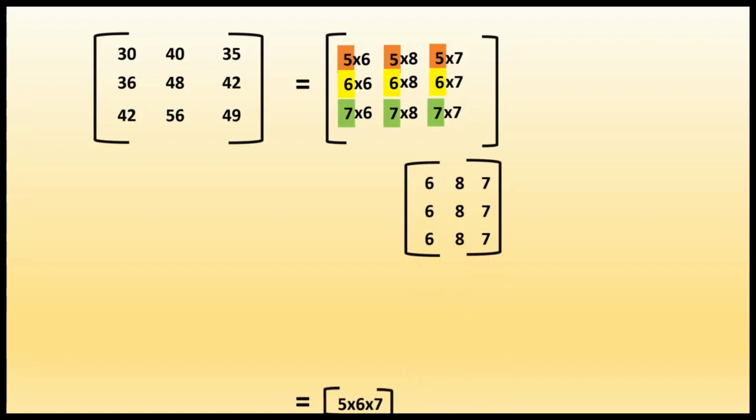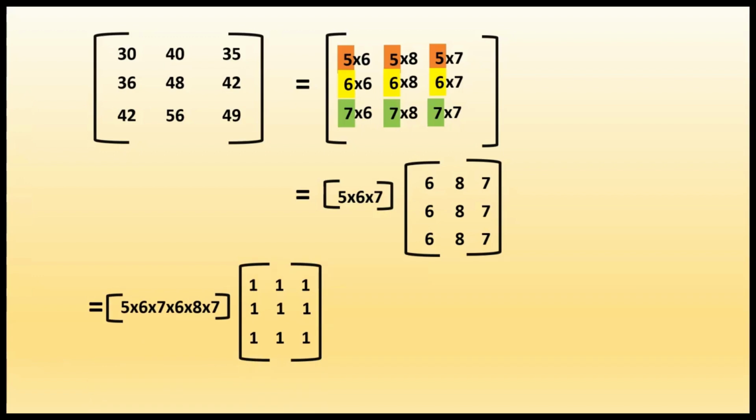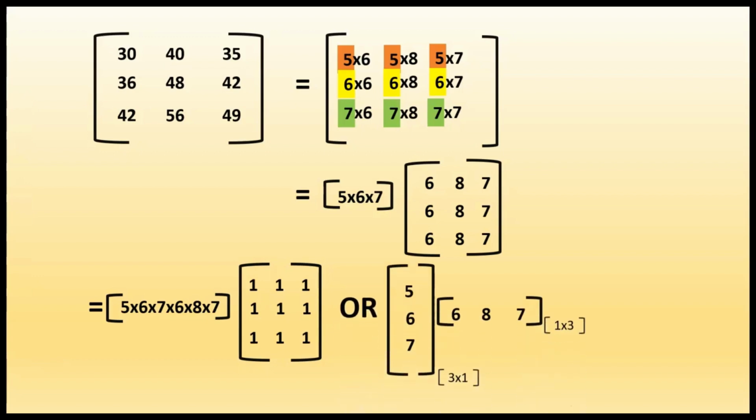We take out the common values, 5 into 6 into 7, and the remaining values you will get in the matrix as 6, 8, 7. Now this can be further simplified by taking 6, 8, and 7 from each of the columns. You will get this matrix, or you can arrange it as 5, 6, 7, 6, 8, 7.